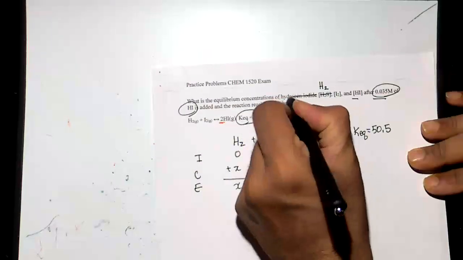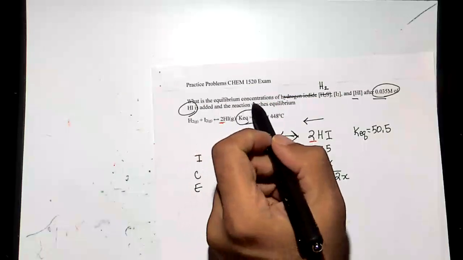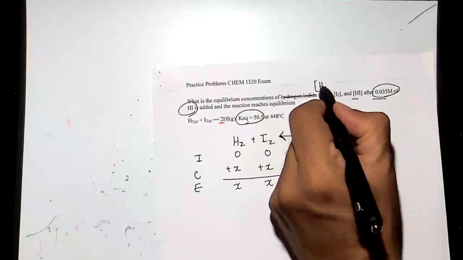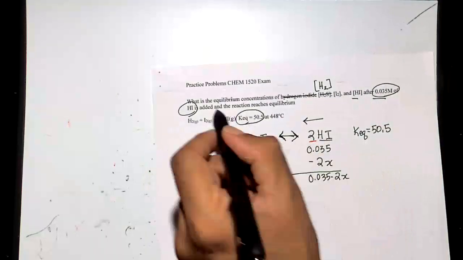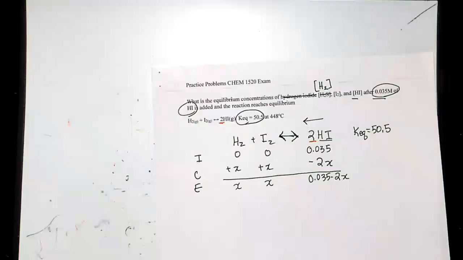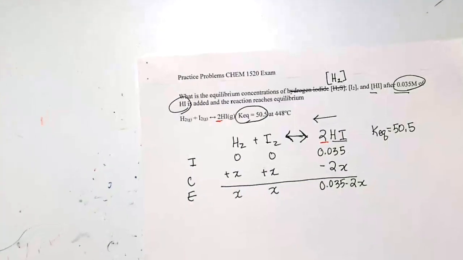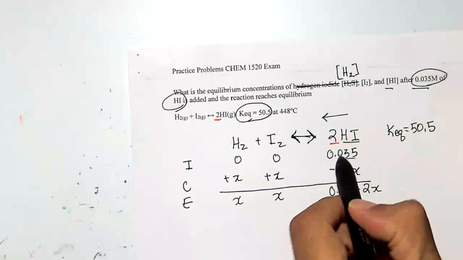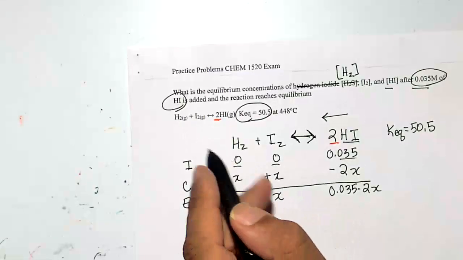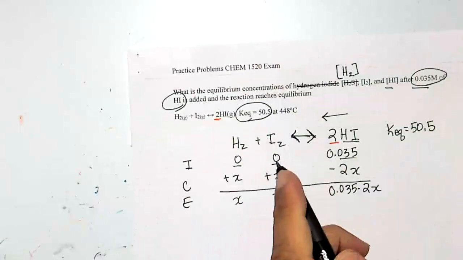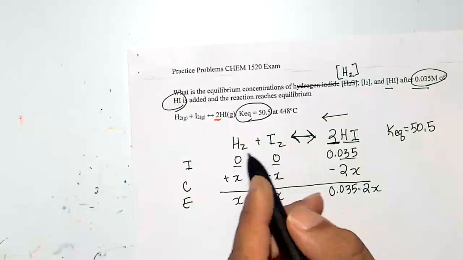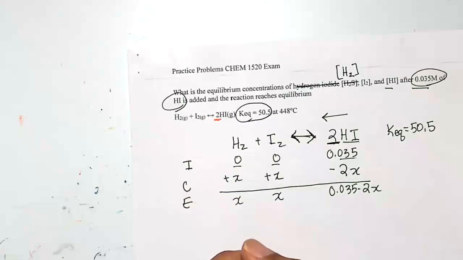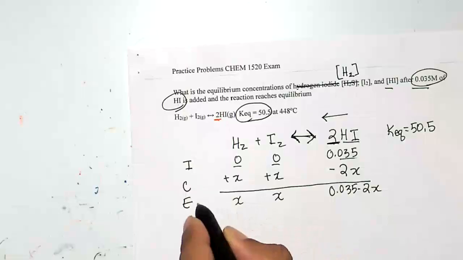Let me just do this here. What is the equilibrium concentration of H2, I2, and HI after 0.035 molar of HI is added and the reaction reaches equilibrium? That's the question. Initially you have this, and 0 and 0 of that. It's going to go to this side of the equation, so this is minus 2x because of the 2 here, plus x and plus x. Now you will plug it into the equilibrium equation.